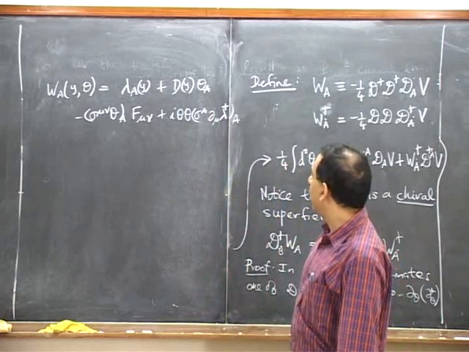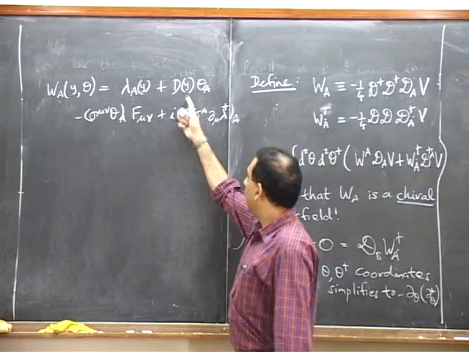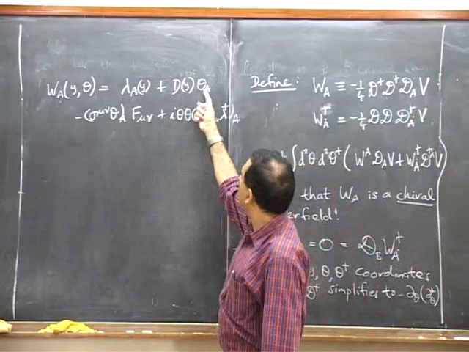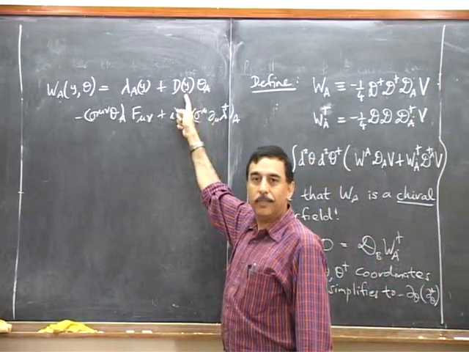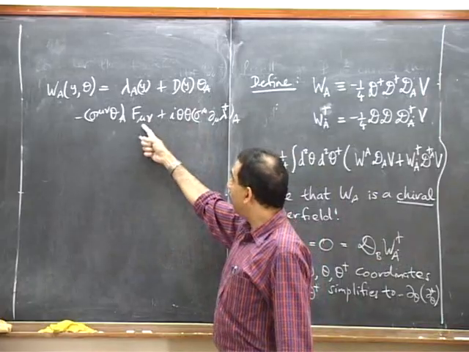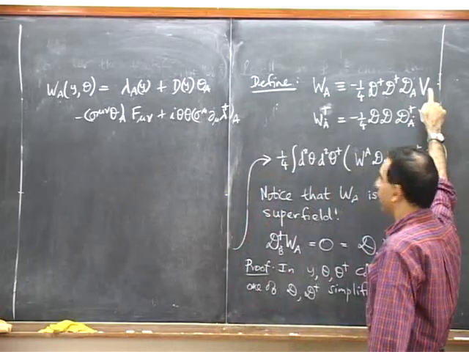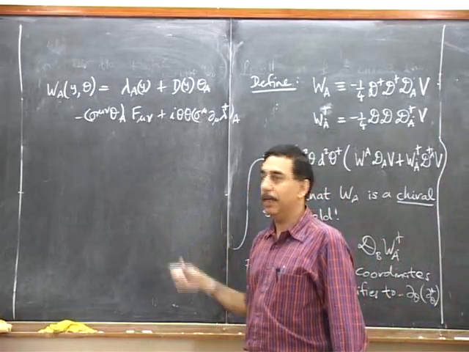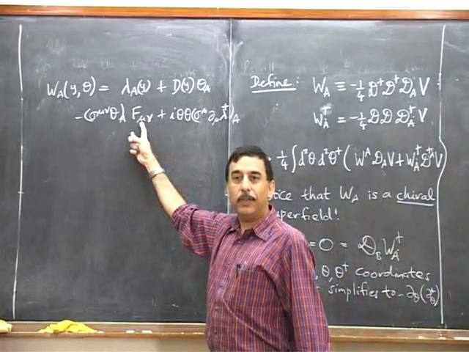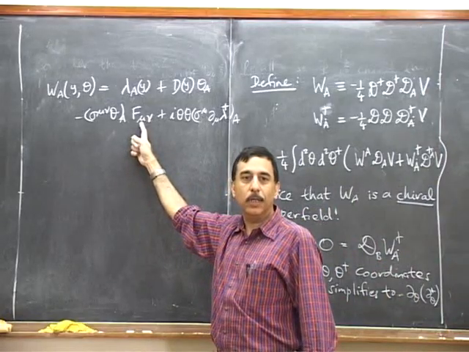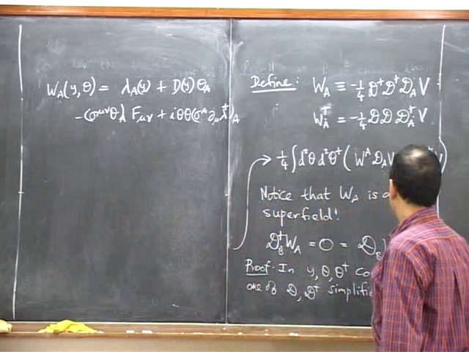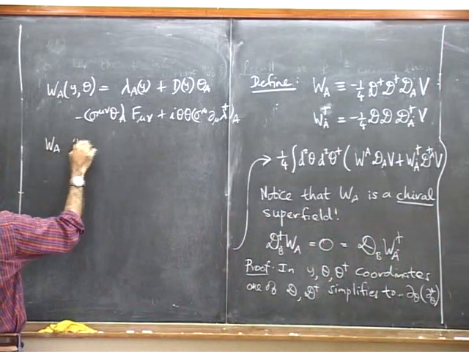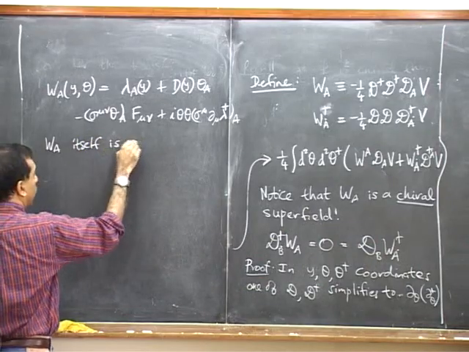But we see very nicely that D, which used to be the last term of V, has reappeared as the coefficient of theta. And the gauge field, which was the first term of V in the Wess-Zumino gauge, theta sigma mu theta dagger A mu, now occurs in the form of its curl, F mu nu. And this is great because it makes us suspect that W_A itself is gauge invariant.